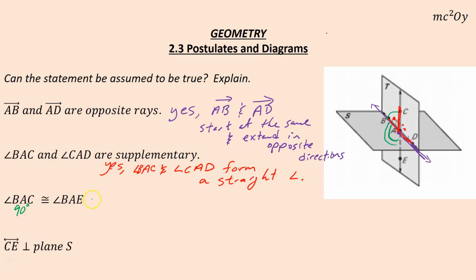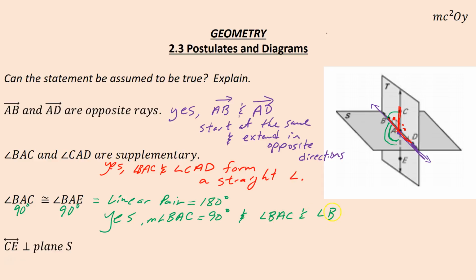If they make a linear pair, and one angle is 90 degrees, the other, BAE, has to be 90 degrees because a linear pair is 180 degrees. So, yes, the measure of angle BAC is 90 degrees, and angle BAC and angle BAE form a linear pair.